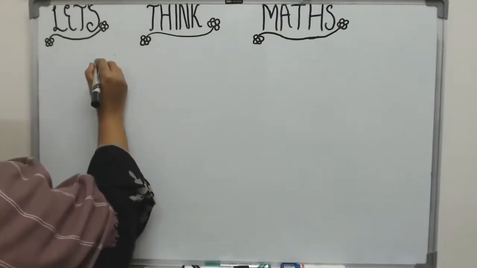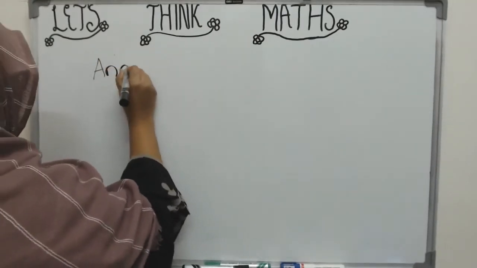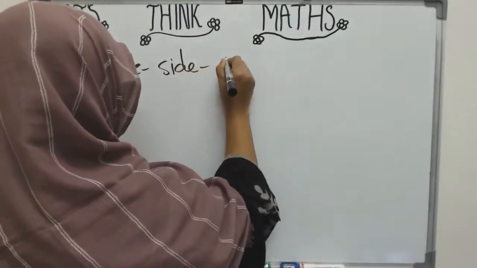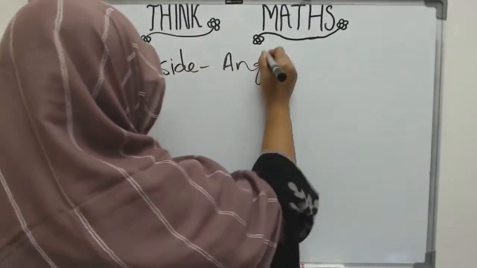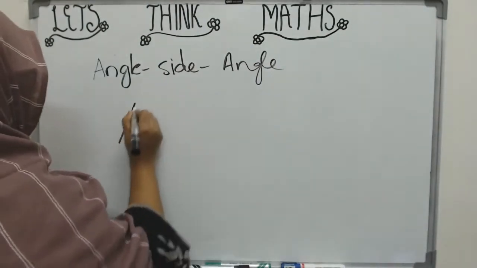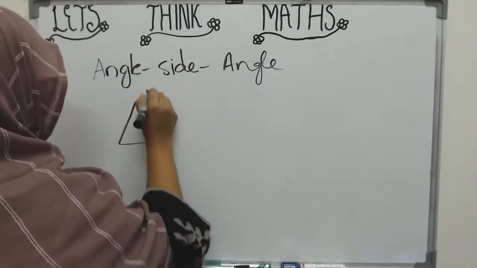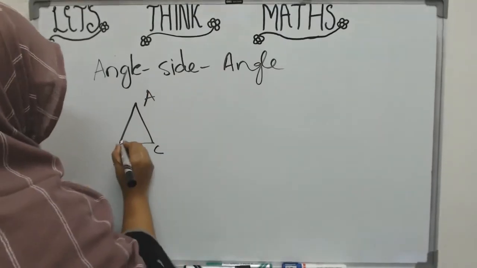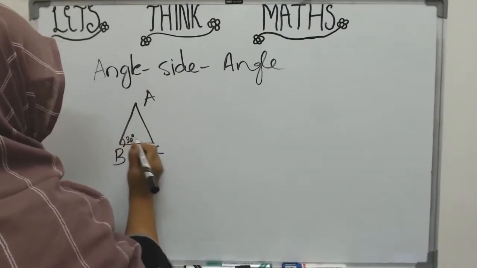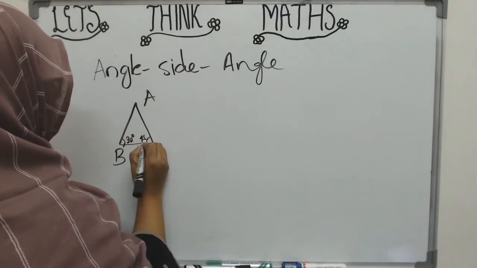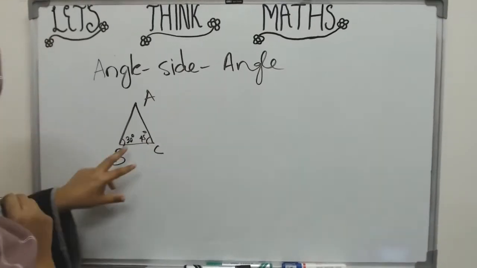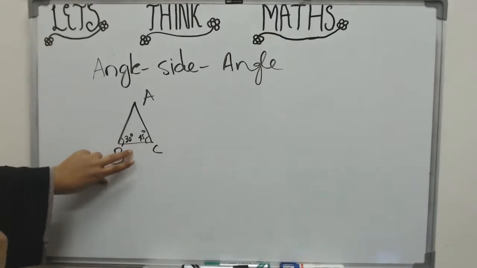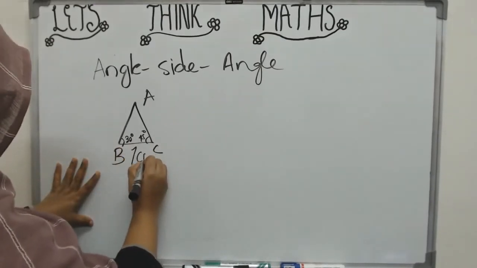The third one is called the angle side angle criterion, which means if you have a triangle ABC, you know two of its angles. One you know to be 30 degrees, other one you know to be 45 degrees, and you know the length of the side between them. Suppose it is 7 centimeters.